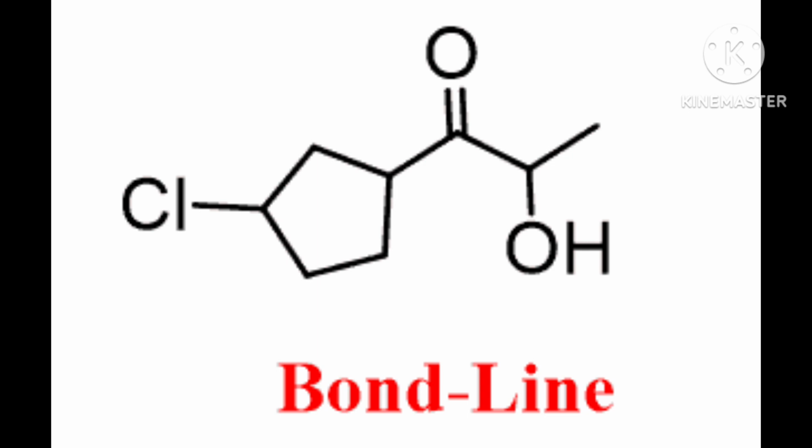Propane may be a straight line also, but here it is in a cyclic form. All are joined. That's why it is called cyclopropane. Like that, you can write cyclopentane. Cyclopentane means 5 carbons, and each point will be CH2, 5 points, all joined.